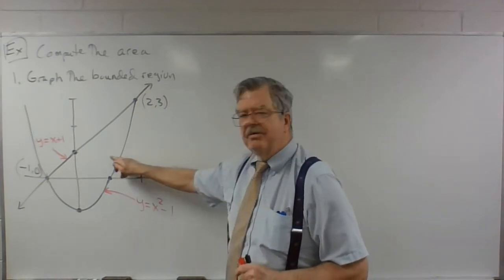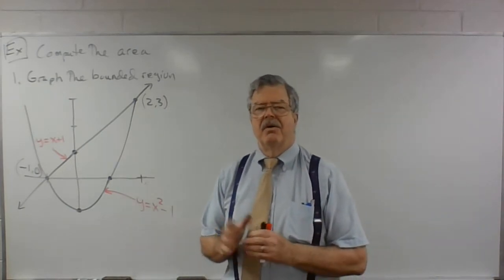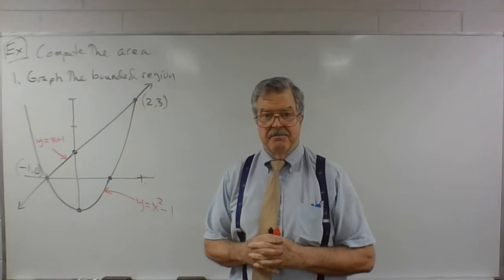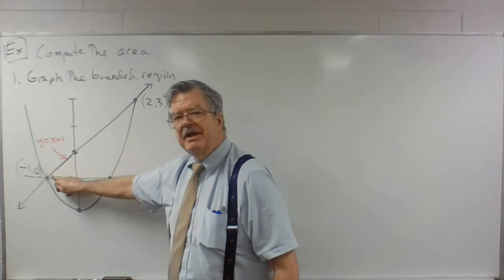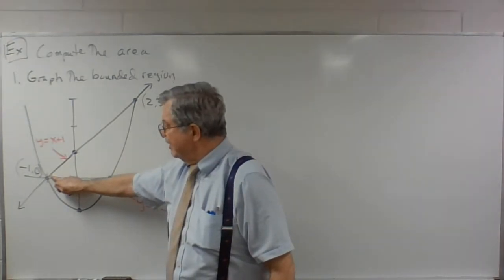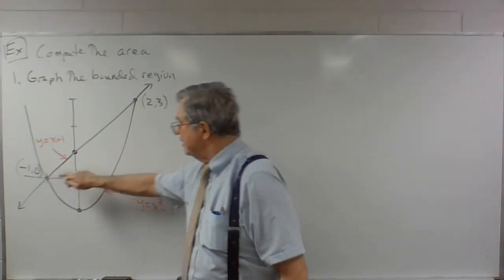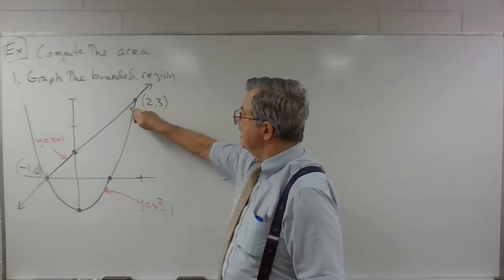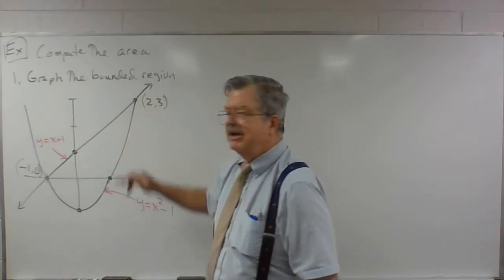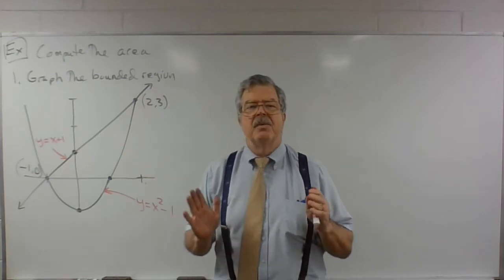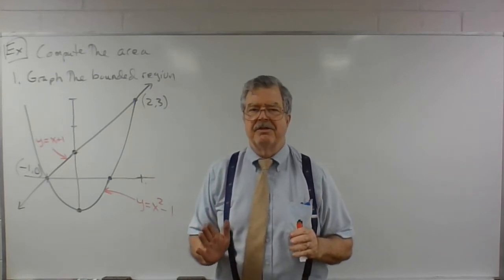So now that we know what the region looks like, we know that we're going to take this entire region from right here, x equal -1, to right here, x equal 2. We're going to take this entire region and fill it up with rectangles of width delta x.